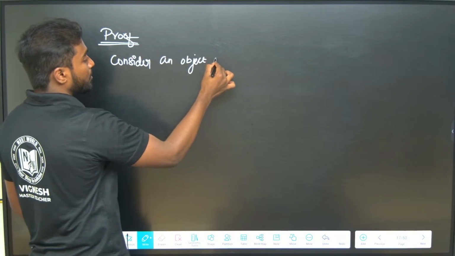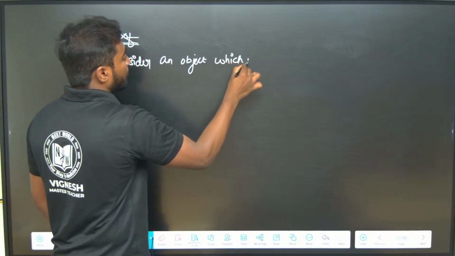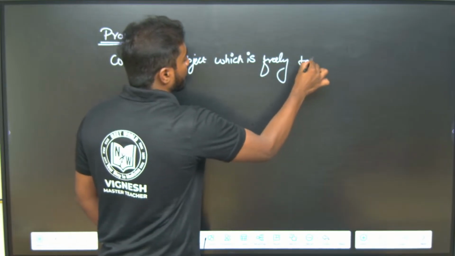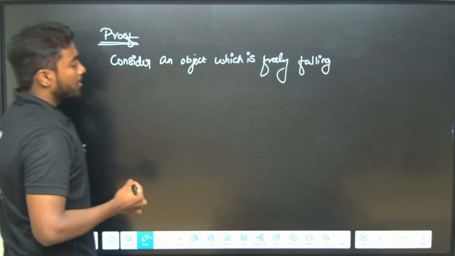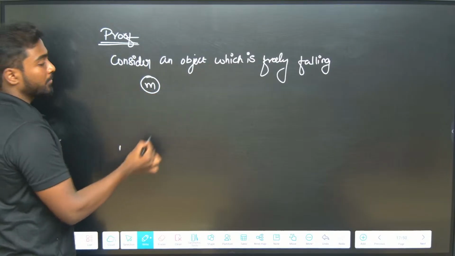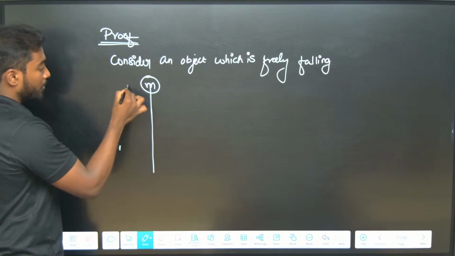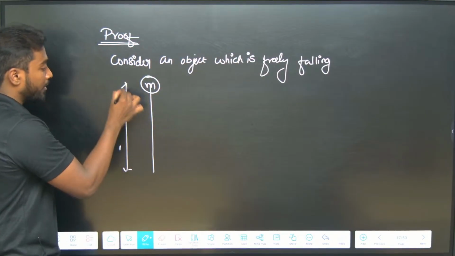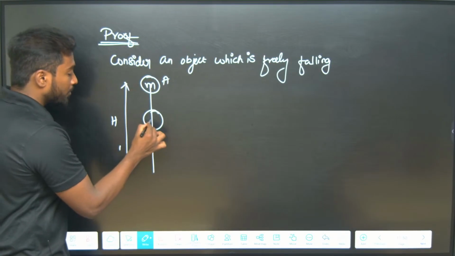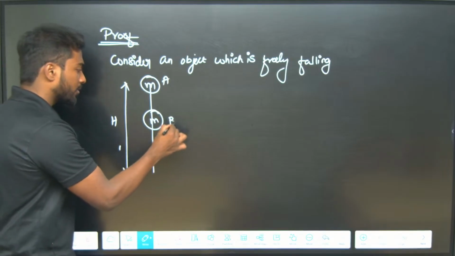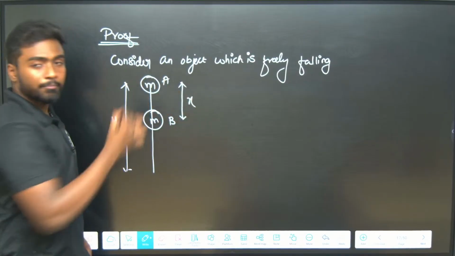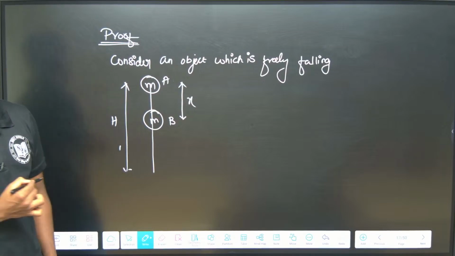Suppose I consider an object A, of mass m, at a height, I'll consider this is the height, capital H. At point B, the mass will be the same. From A to B the distance travelled, let me consider as x.